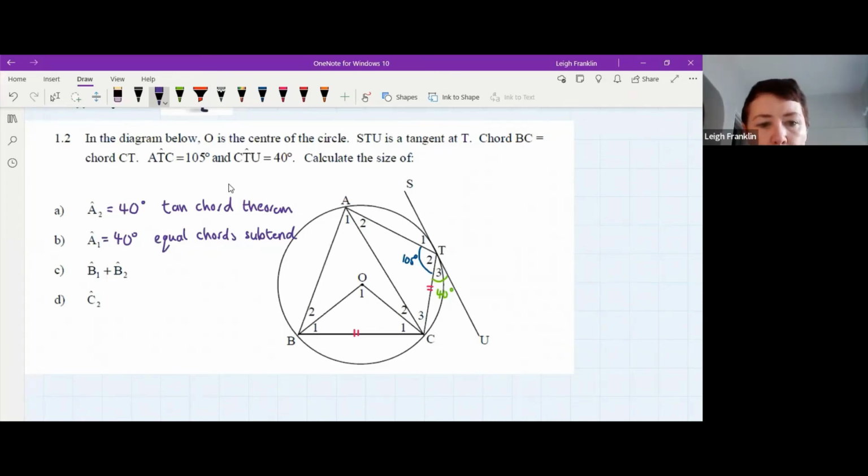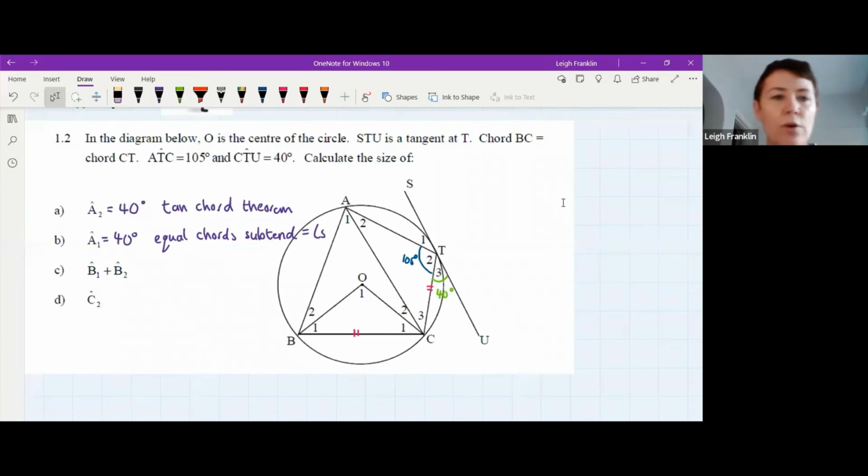Ma'am, I want to ask a question, right? Of course. A1 plus A2 should equal 105 because of angles of a cyclic quad. That's the reason I used to get A1. No, Lebogang, okay? When it comes to a cyclic quad, now I'm afraid I've kind of done you guys in here a little bit. There's two things about a cyclic quad that are true, okay? First of all, the two angles that are next to one another are not necessarily equal.